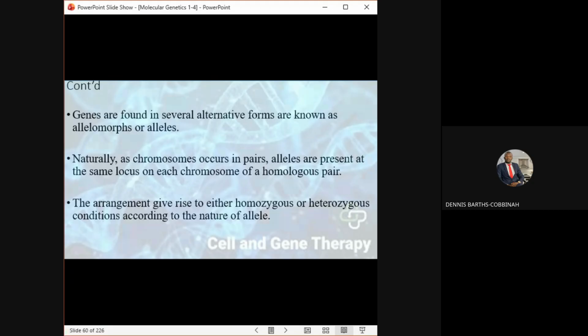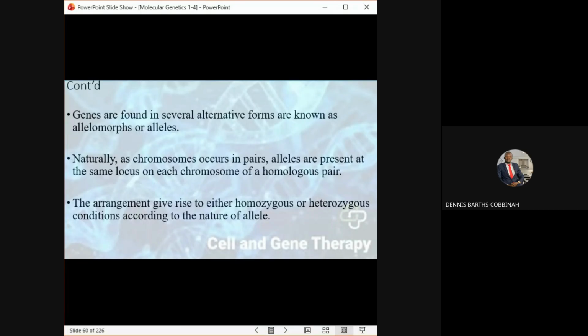In the case of females, you have the XX alleles, and in the males, you have the XY alleles. Because the females have the same form of gene, and the males have different forms of alleles determining their sex.